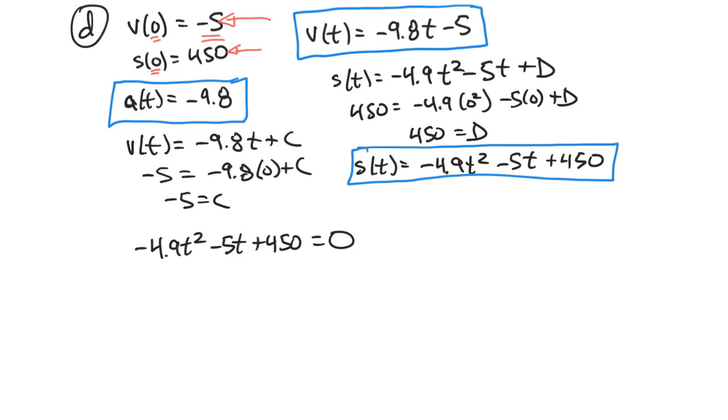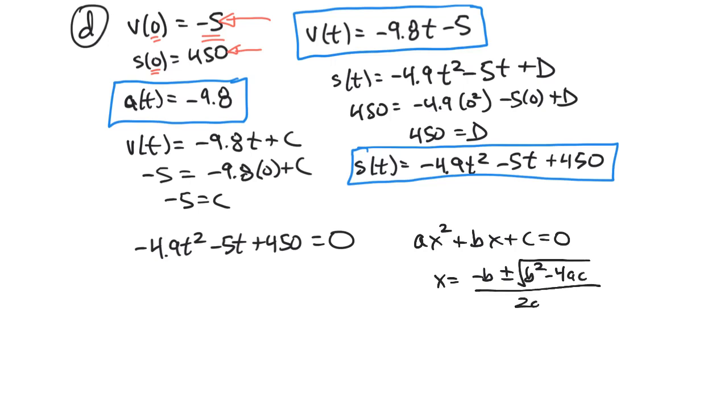You should have a quadratic formula program in your calculator, because it's just nice to have that in there. Otherwise, if you do it by hand, x is equal to negative b plus or minus the square root of b squared minus 4ac, all over 2a. Of course, you could also graph this on the calculator and see where it crosses the x-axis.